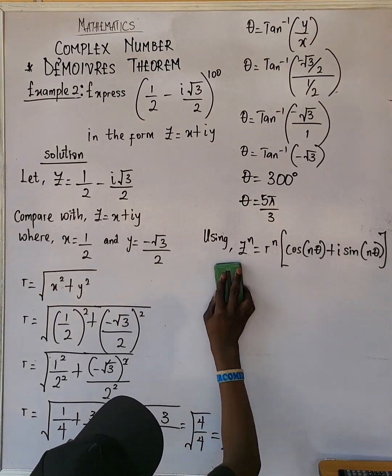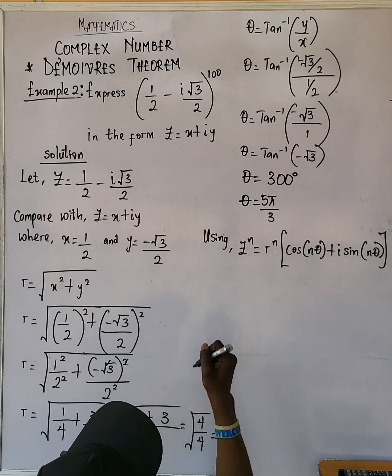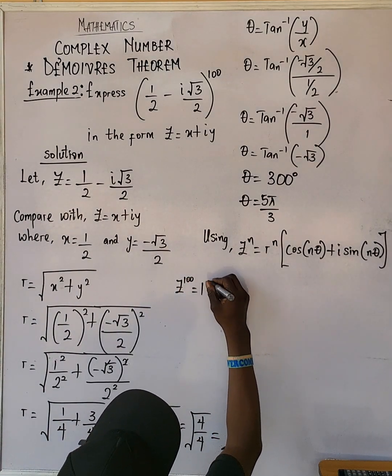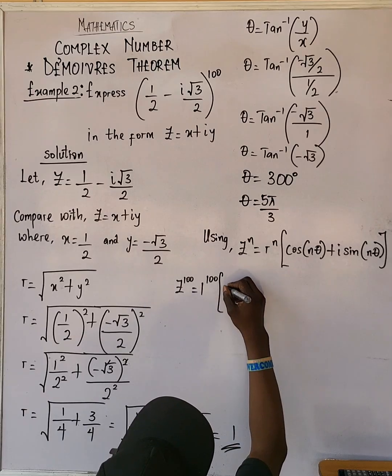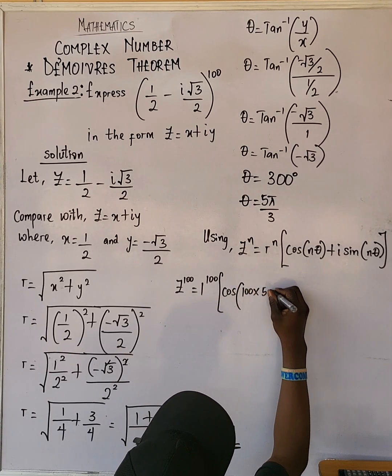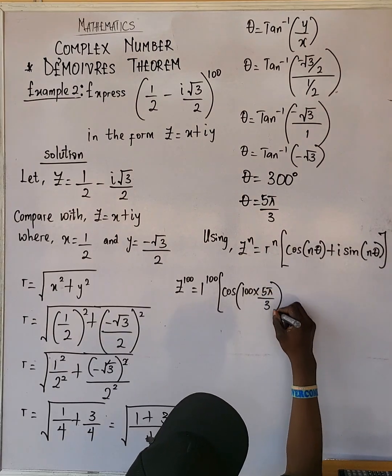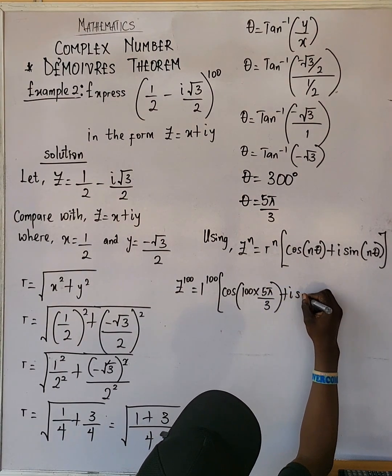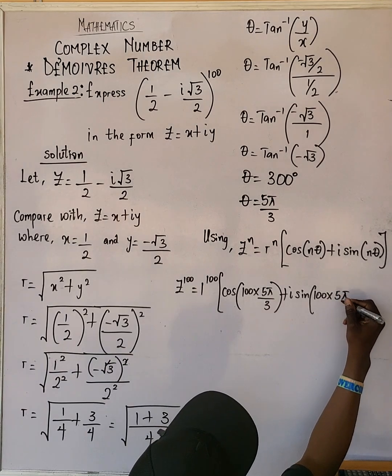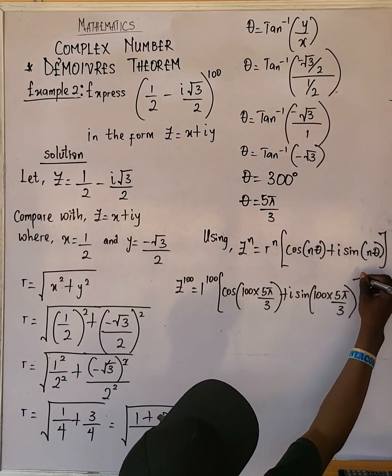Let me just shift it inside here. So that's z to the power of 100 equals 1 to the power of 100, that will be cos 100 multiplied by 5 pi over 3 plus i sine 100 multiplied by 5 pi over 3.